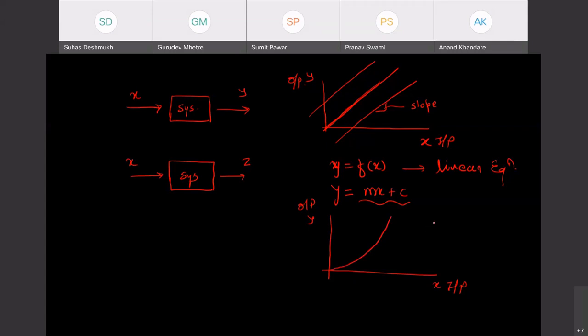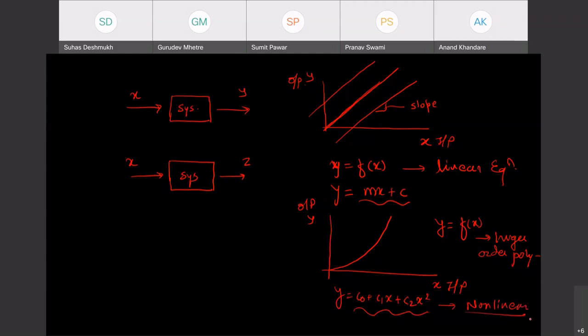Now y is a function of x, a higher order polynomial. Then I need to represent y = c0 + c1x + c2x² or something. So this is what is called non-linear behavior. This is one way you can identify linearity and non-linearity in a system.